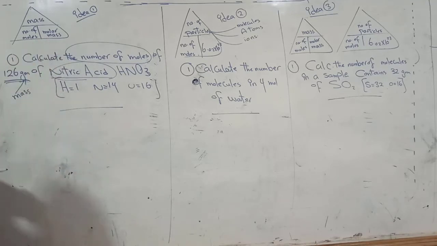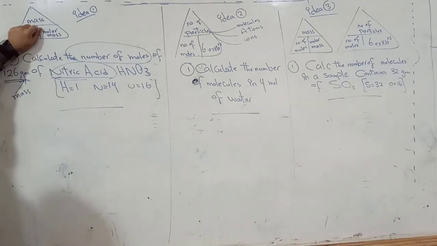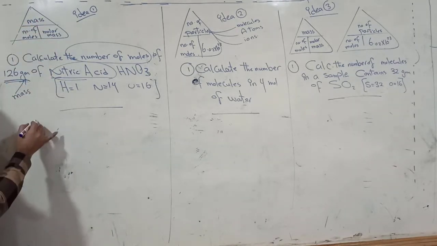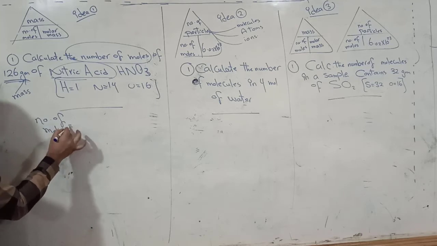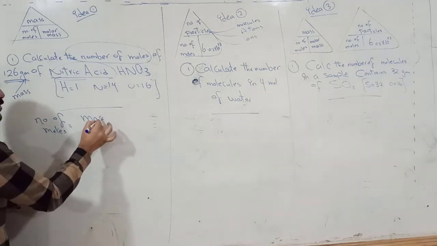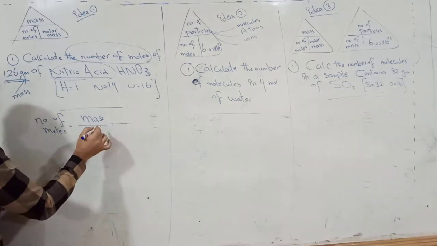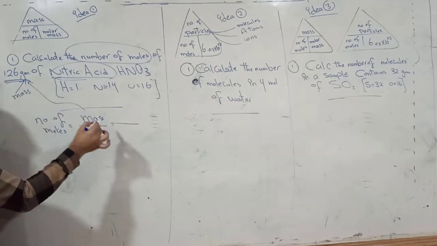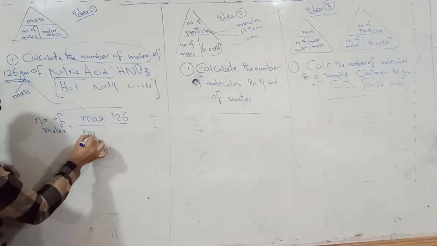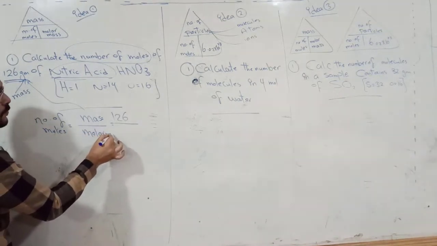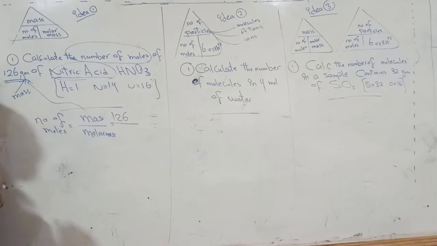If you want the number of moles, hide it. It equals mass over molar mass. Number of moles equals mass, which is given in the problem, 126 gram, divided by molar mass. Molar mass, you will calculate it.